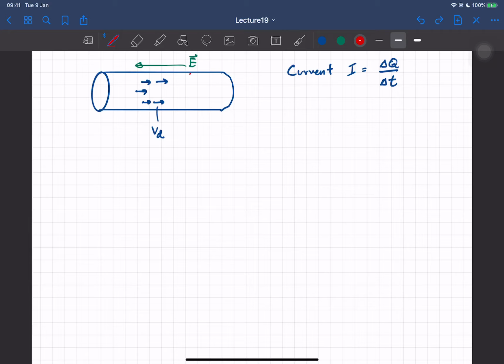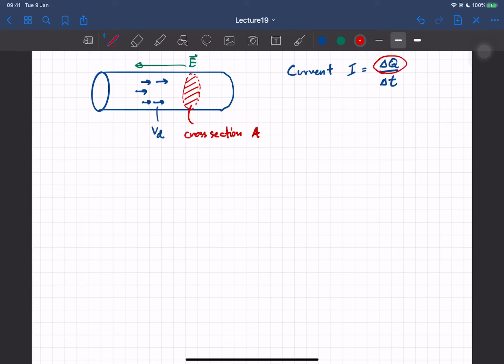So you take a cross-section area A of a certain material. And then you just count how much charge goes across this cross-section.